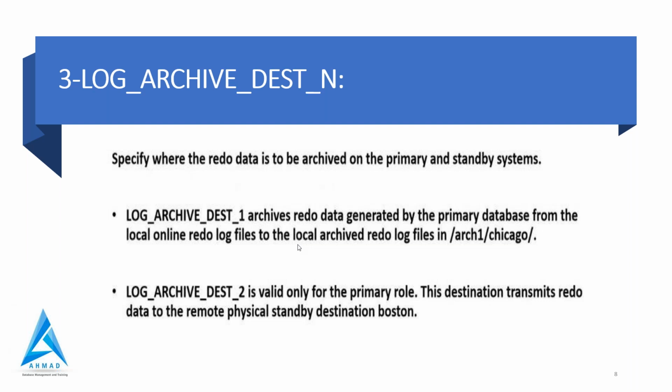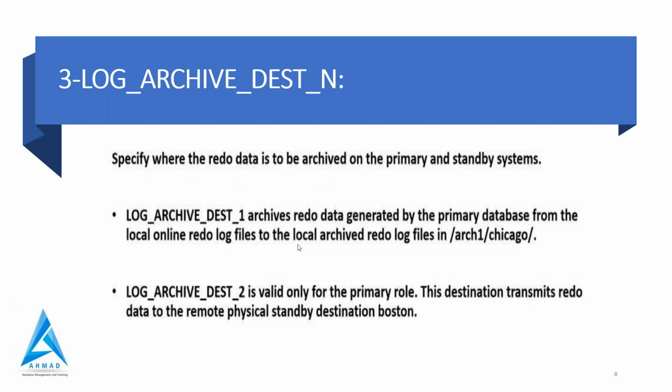You can fire SELECT * FROM V$DATAGUARD_CONFIG and you will get the unique names. And if you are using a SQL tool, you can fire SHOW PARAMETER LOG_ARCHIVE_CONFIG, then you will get the value. These are the two ways you can do that.